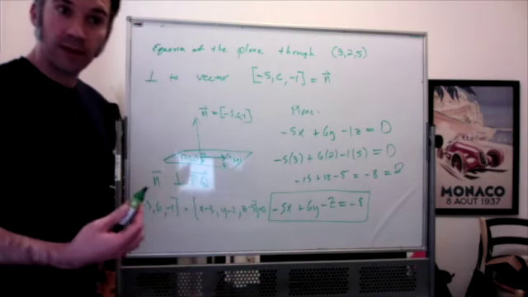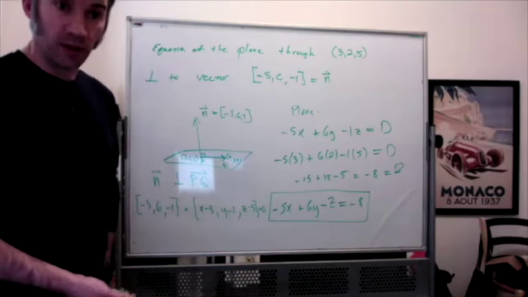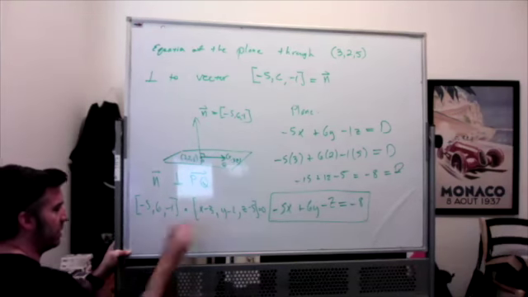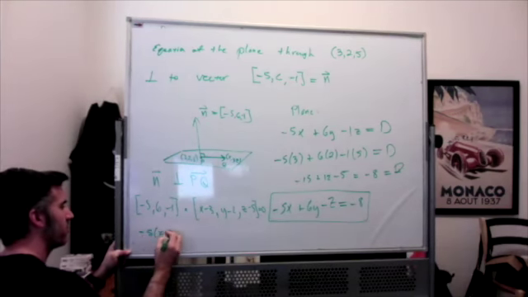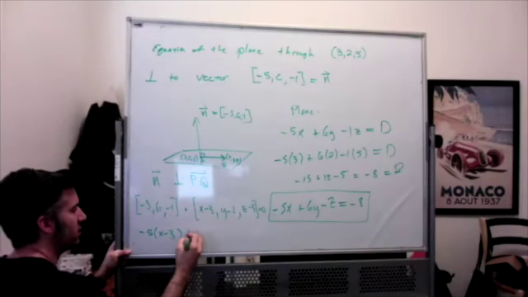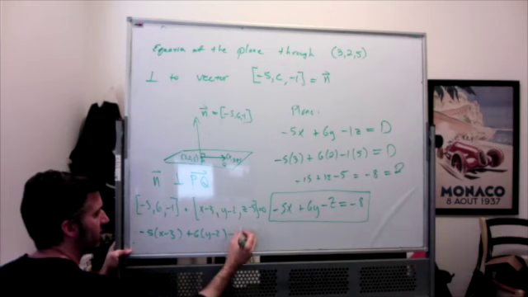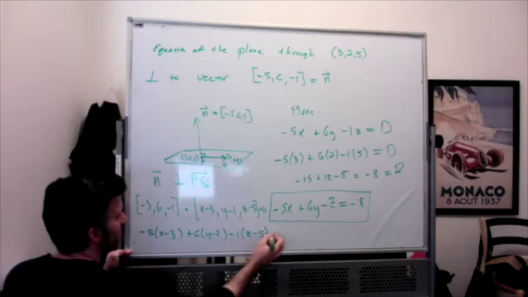Since the vectors are perpendicular, their dot product has to equal 0. But look what happens when I write the dot product. It's going to be -5 times (x minus 3) plus 6 times (y minus 2) plus -1 times (z minus 5) equal to 0.